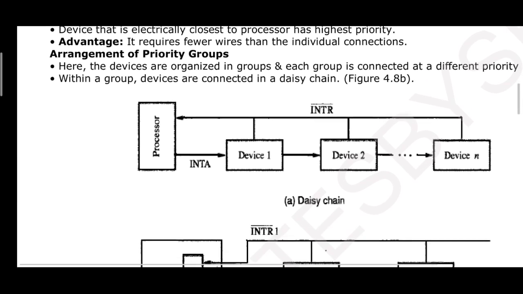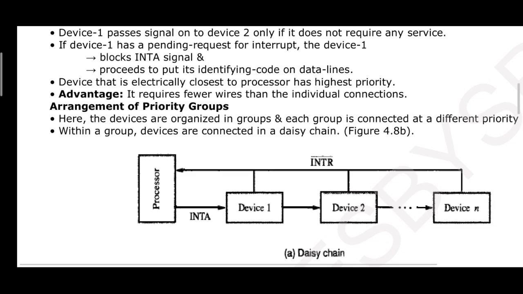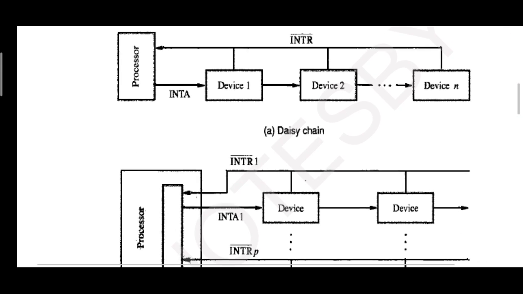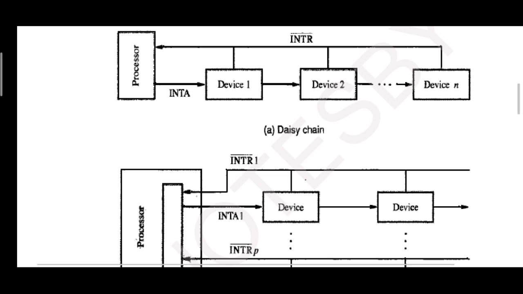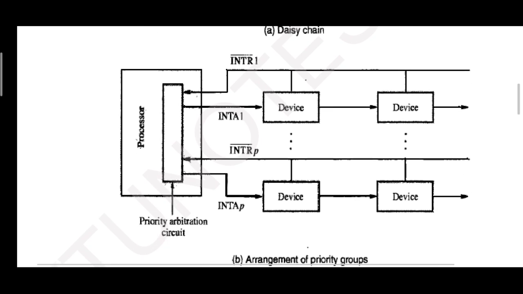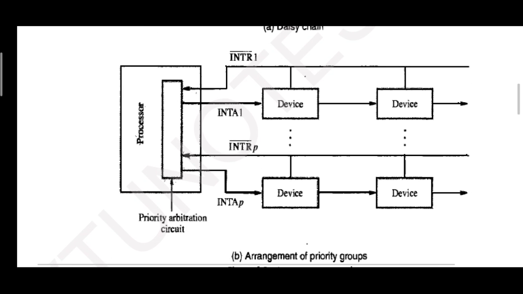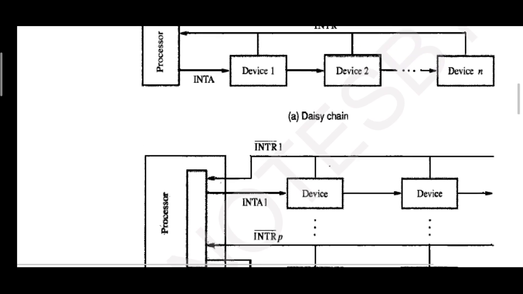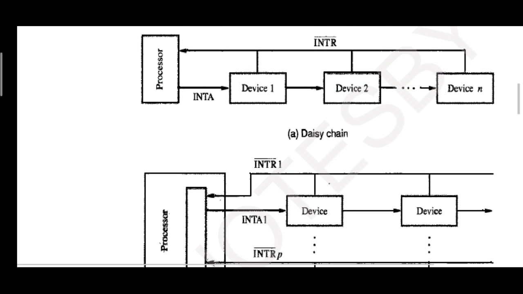One more configuration we have is the daisy chain configuration. The daisy chain should be implemented along with the priority groups. Daisy chain is nothing but the previous configuration, with a single INTA and a common INTR line for all the devices.